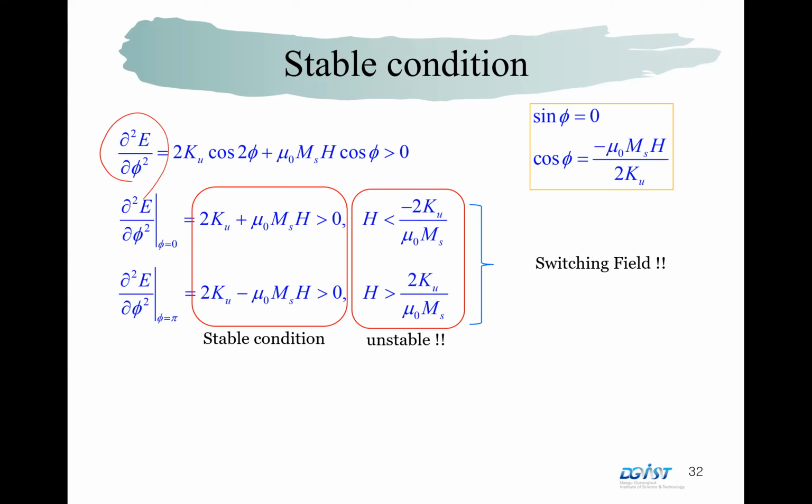The second derivative for phi is 0 gives a positive value when they satisfy this condition. And when phi is pi, we have this result. We can insert phi to here, phi is 0 or phi is pi, and get this result. And this second derivative must be positive to form the stable condition.